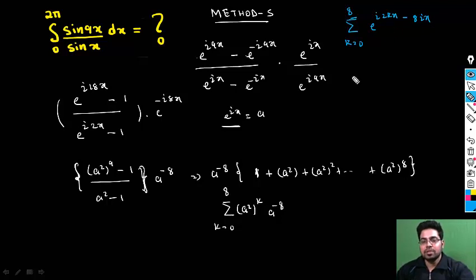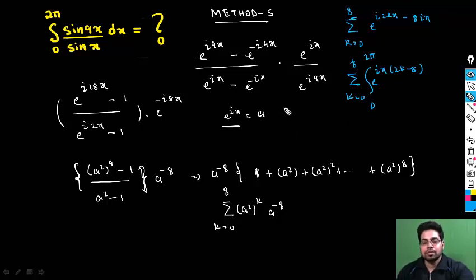So this is then becoming, from k equals 0 to 8, e to the power ix(2k minus 8), and we need to integrate this from 0 to 2 pi.